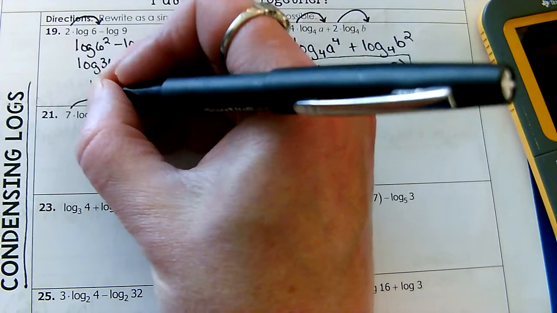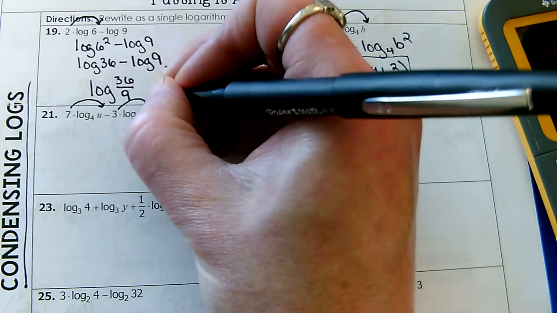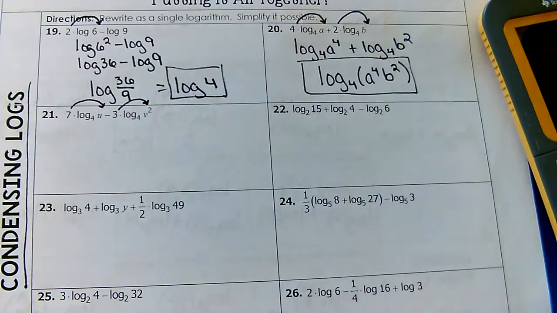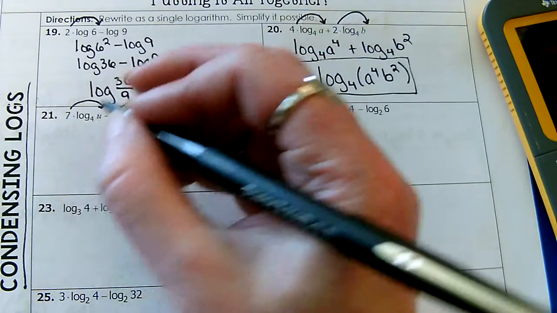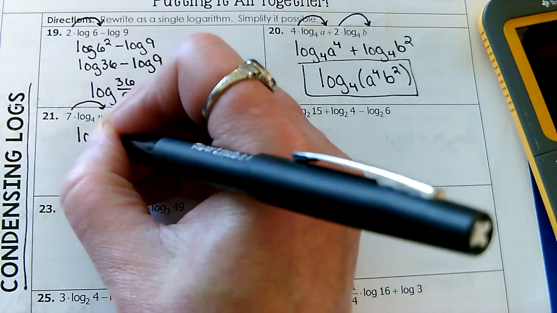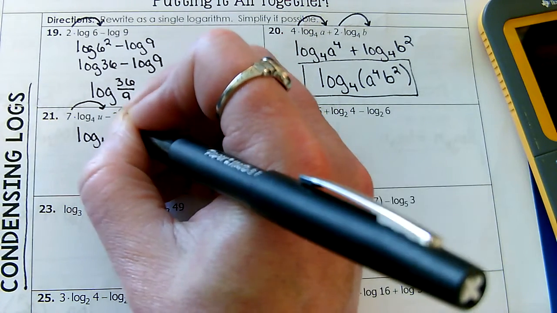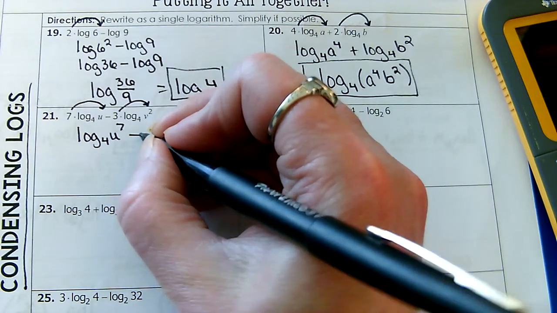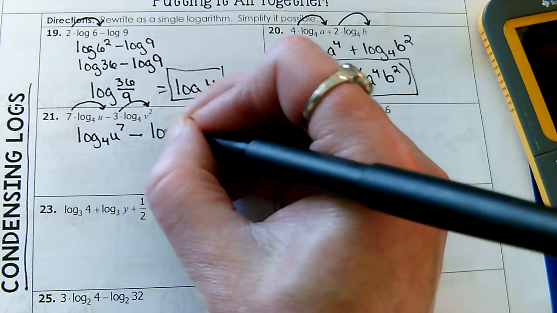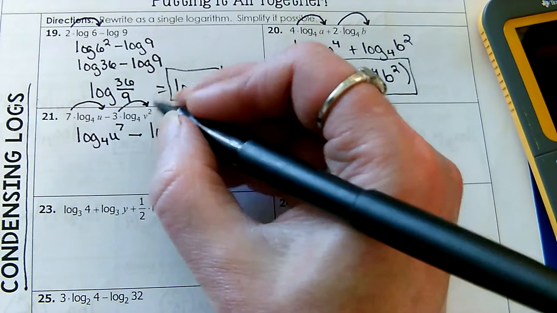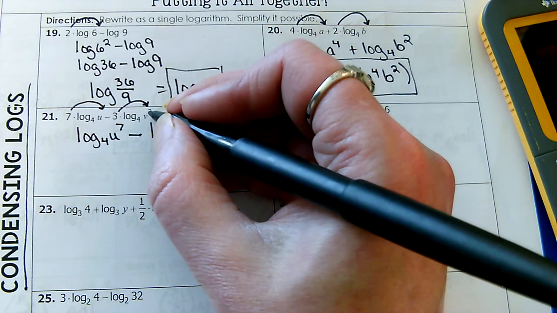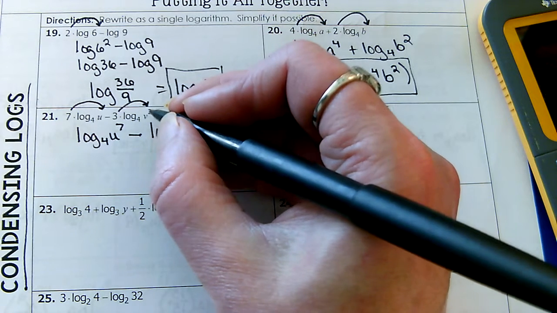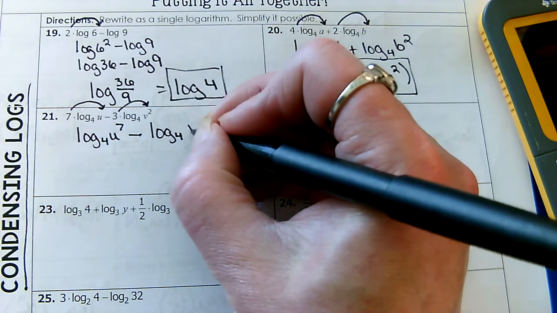Exponents first. There's already an exponent there. We have to think about what we do with that. So here's log base 4 of u to the 7th. That's easy. Minus log base 4 of, now if it was already v squared, and then I'm doing v squared to the 3rd power.